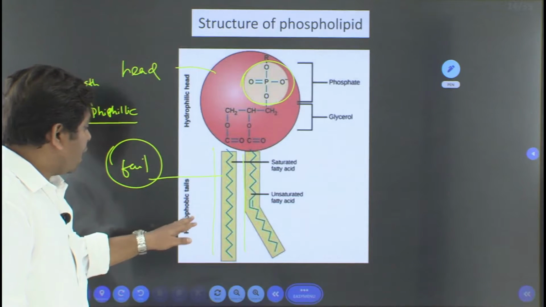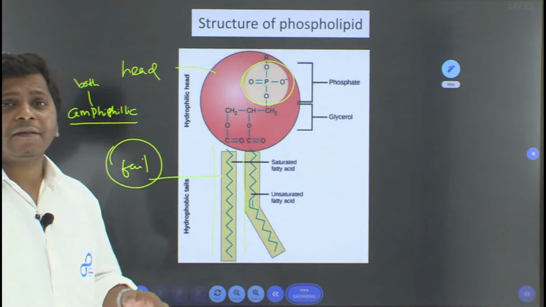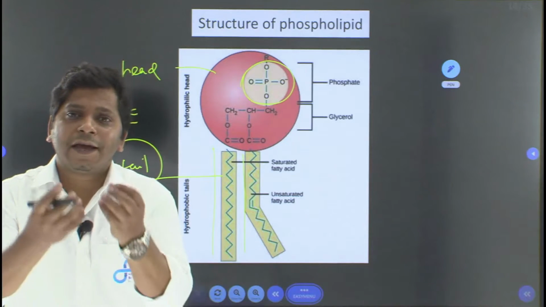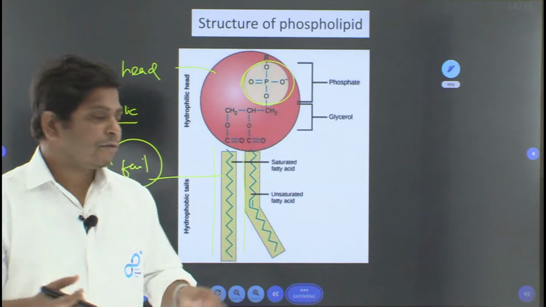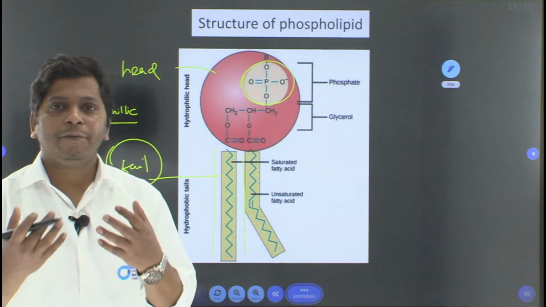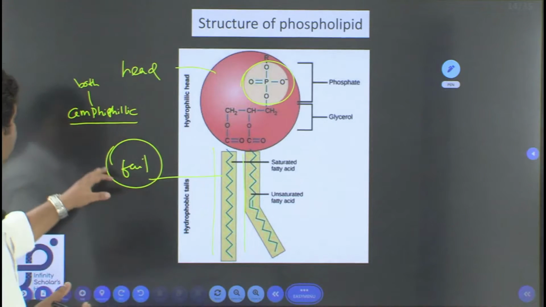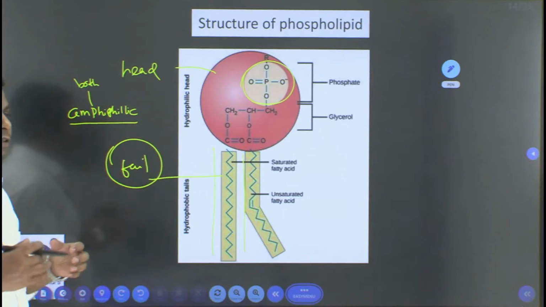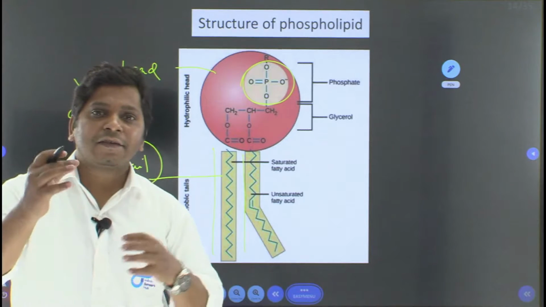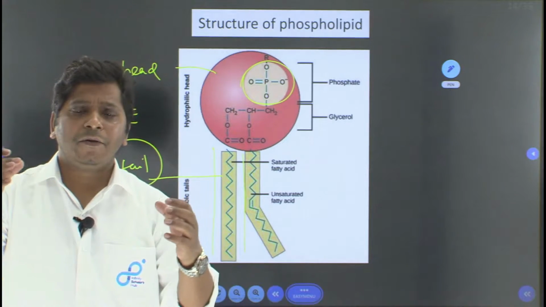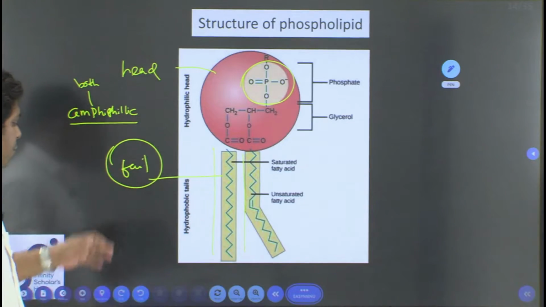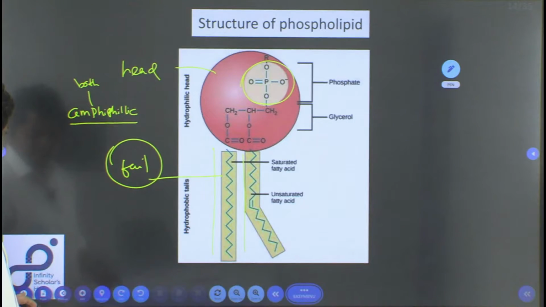Those which are hydrophobic can be called lipophilic because they like oil. As these molecules have likingness for two different classes of molecules, water and lipid oils, they are called amphiphilic molecules.